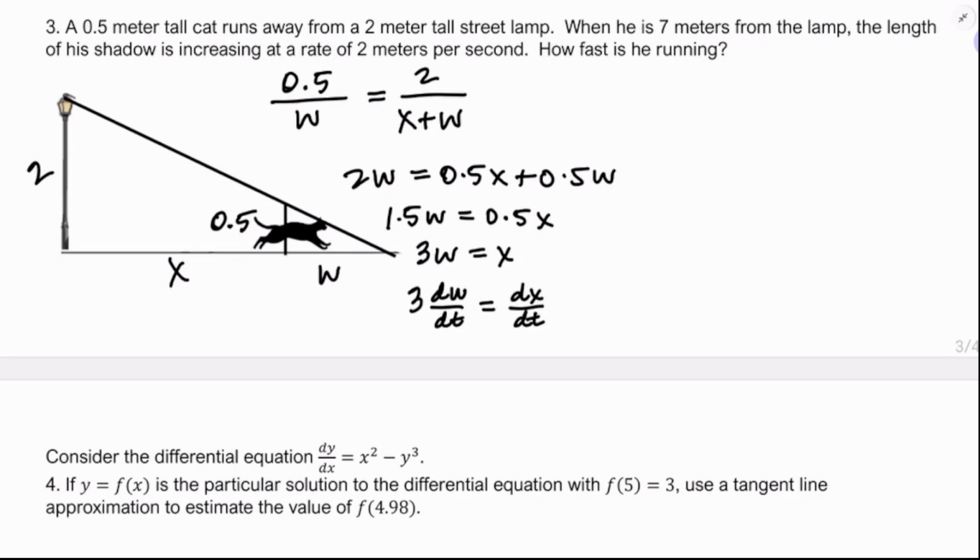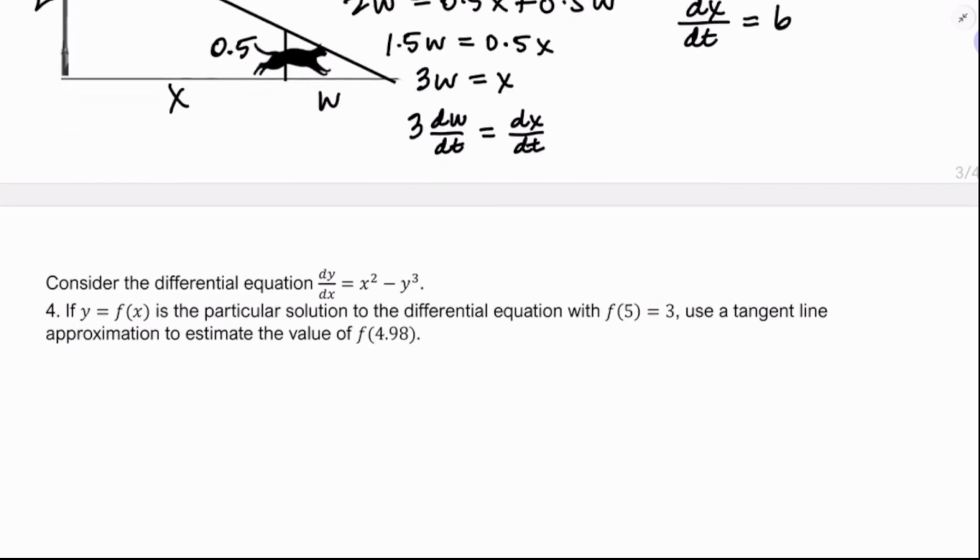Figure out, what did they even give me? The length of the shadow is increasing at a rate of 2 meters per second. So they gave me that dw dt was equal to 2. So that's going to be 3 times 2 equals dx dt. That's how fast he's running, how fast the distance between the cat and the lamp is increasing. So that would be 3 times 2 is going to be 6 meters per second.